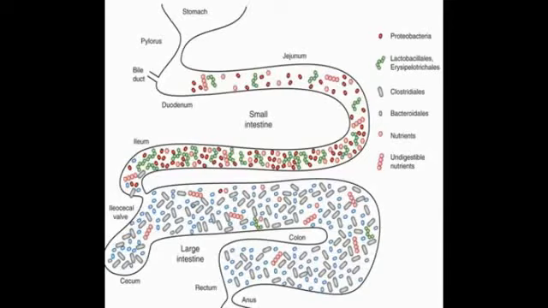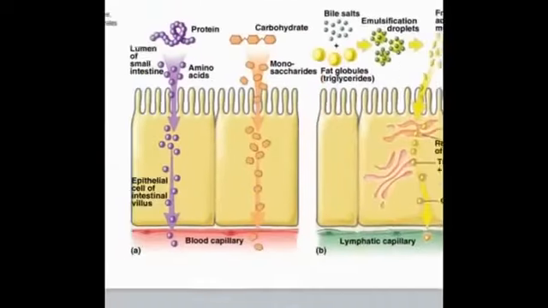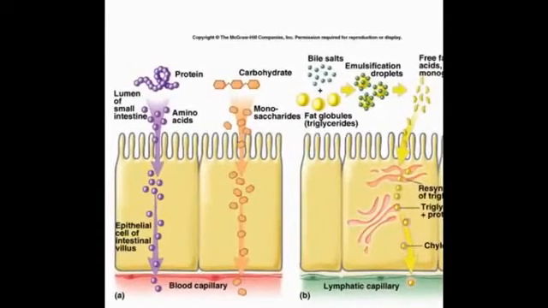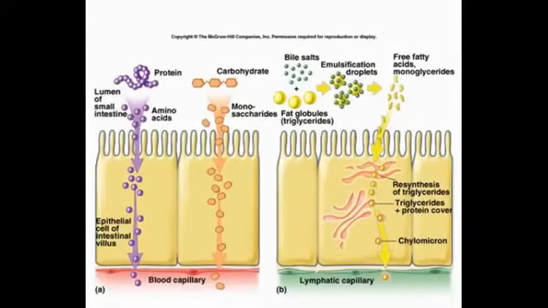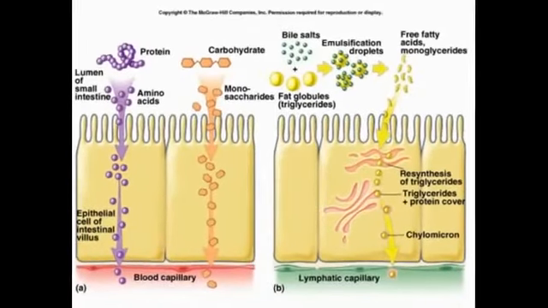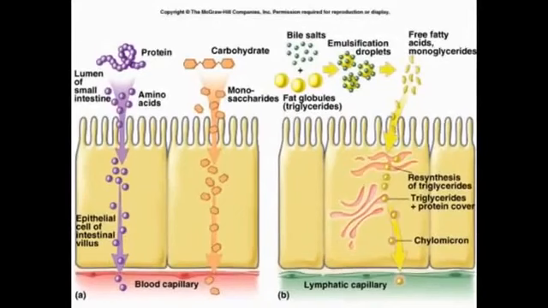So on the right side, these are the cells, and you see through the lumen of the intestines, in the small intestines, we accept amino acids, carbohydrates, fats, and also minerals. And fats go directly to the lymphatic system, to the lymphatic capillaries, and the carbohydrates and the proteins go inside of the blood capillary.